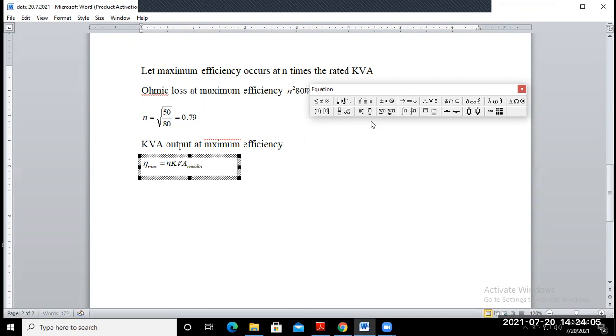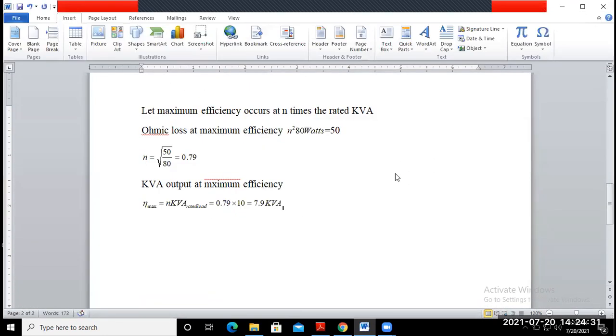So n equals 0.79 into 10, that is equal to 7.9. So 7.9 kVA at the maximum efficiency.